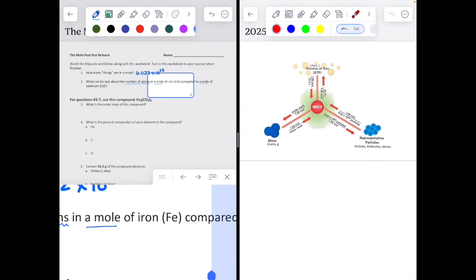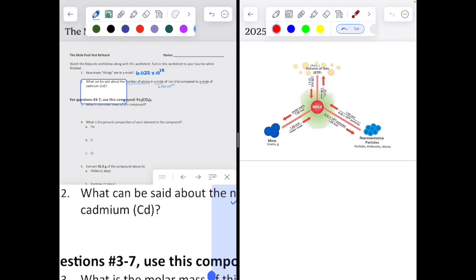Well, we know that in a mole of iron, if it's 1 mole, we've got 6.022 times 10 to the 23rd things. And then if I have a mole of cadmium, as long as it's just 1 mole, I have the same number, 6.022 times 10 to the 23rd atoms.